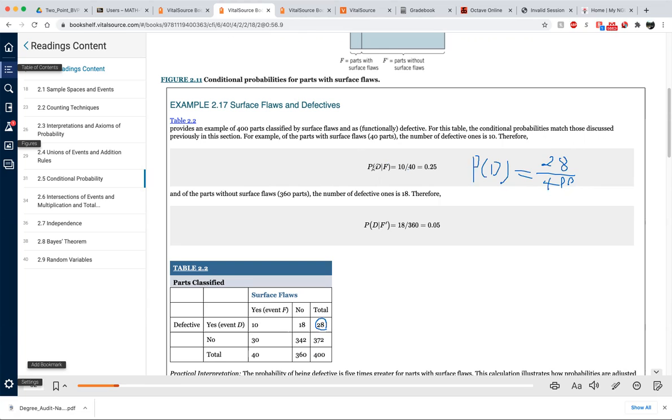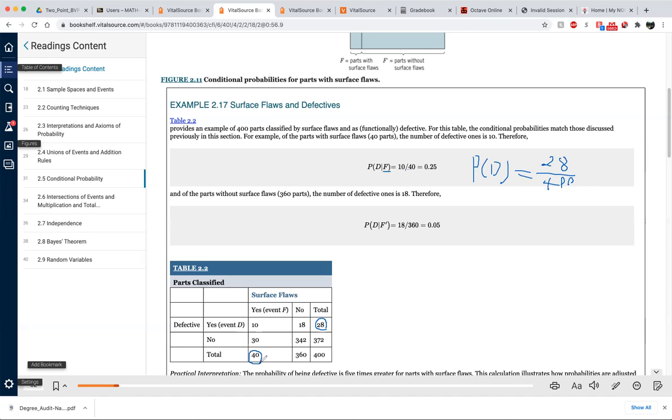But when you find the conditional probability P of D given F, the total number of outcomes in the sample space is reduced because event F has already occurred. We need to find the parts that are defective and also have surface flaws.